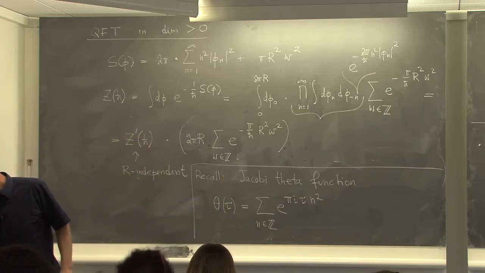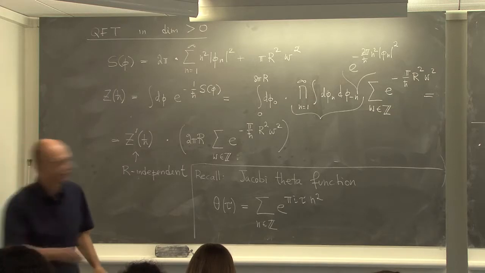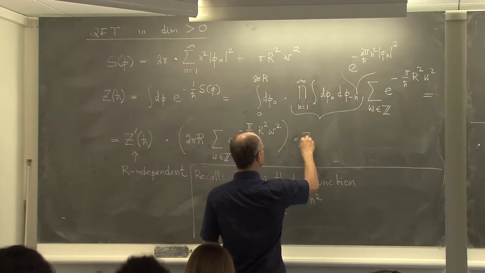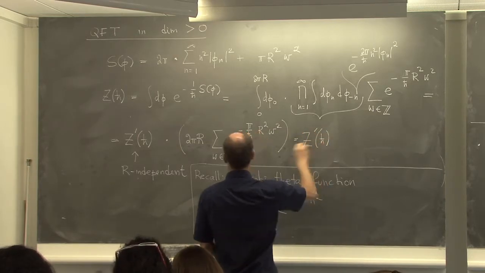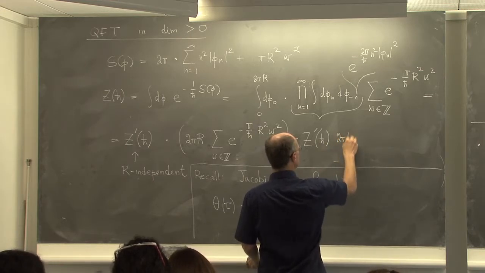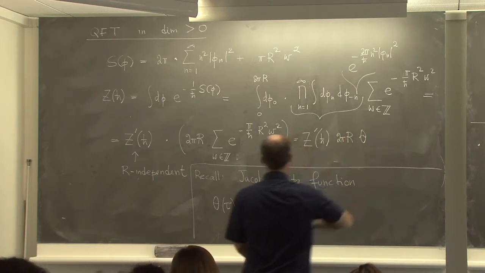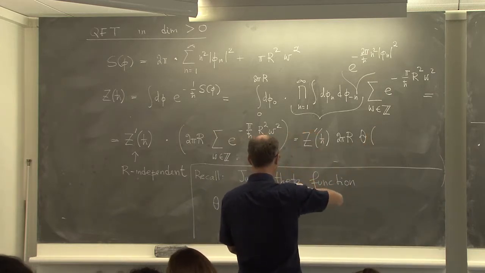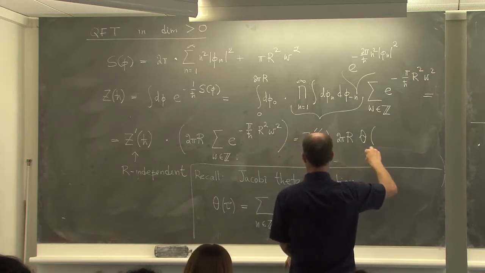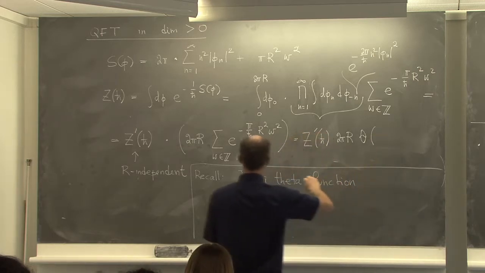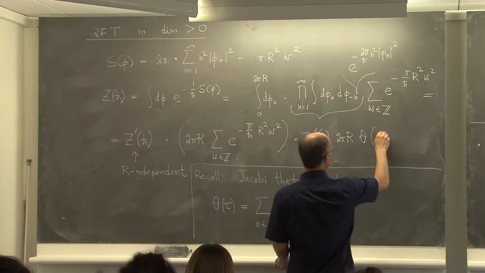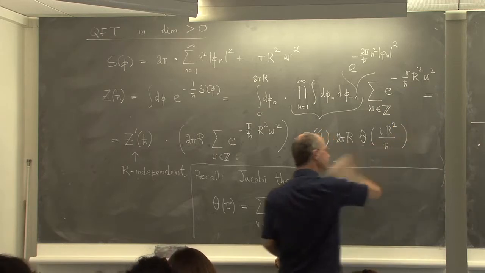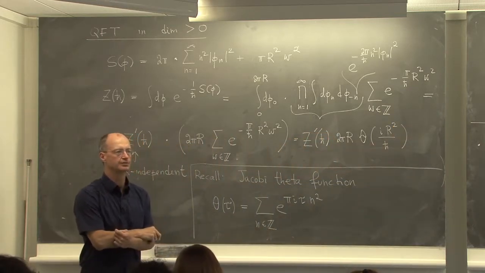So if I'm not mistaken, in our case, this is equal to z prime of h times 2 pi r times the Jacobi theta function of i r squared over h, right?